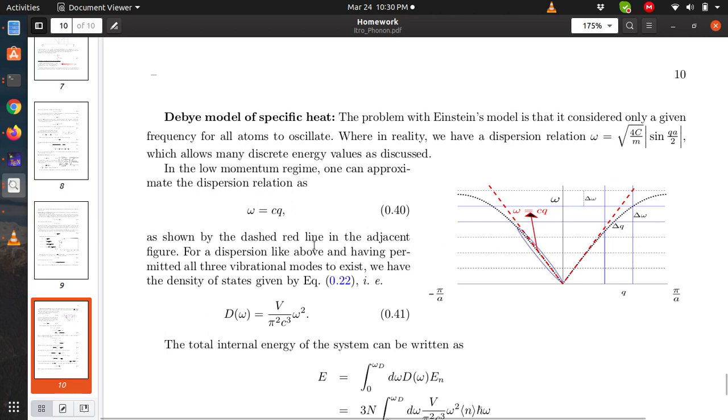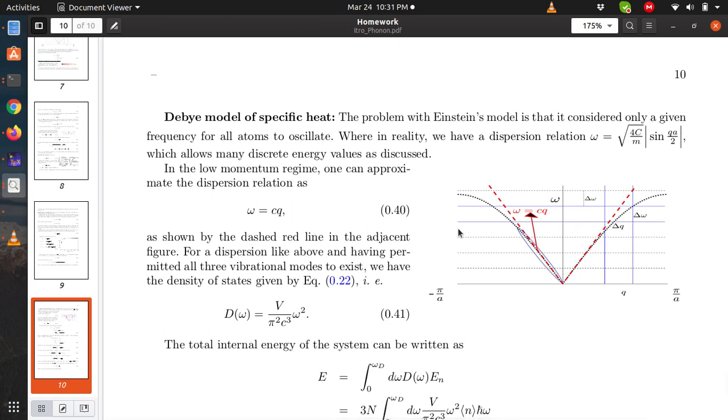So now, what Debye did, the new thing in the Debye model, is that we consider the dispersion relation omega equals cq, and this is supposed to be true only in the low k region. As you can see here, the dotted curve is for the full dispersion relation, and the straight line is this linear equation omega equals cq.